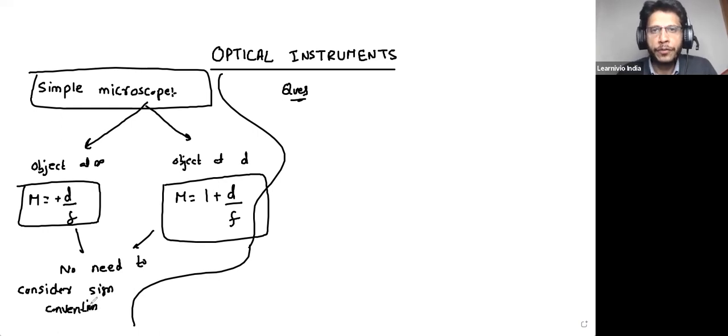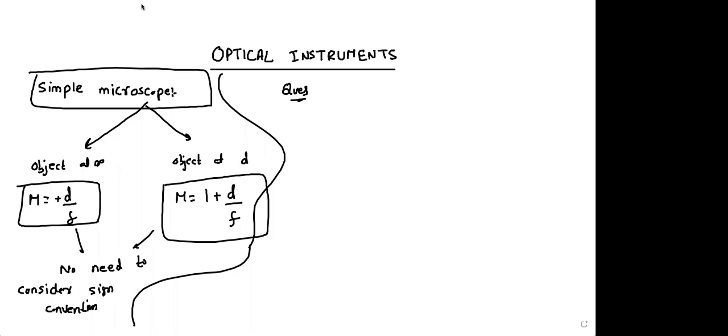So in a numerical, if the value of d is 25, then put it as 25. If focal length is 10 centimeter, take it as 10 centimeter. So I'm giving a simple numerical.